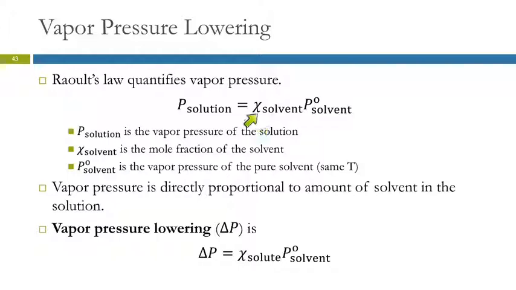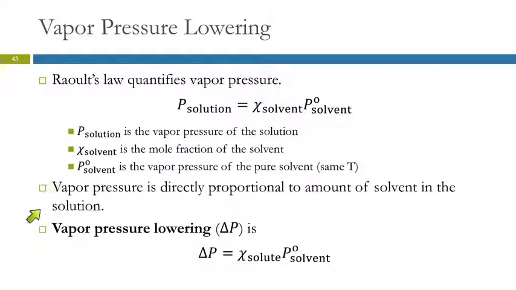This is not moles of solute, this is moles of solvent. Yeah, okay, because that was not going to work out well. It'd be undefined. The moles of solvent divided by the moles of solution in total. Well, if there's no solute, then they're the same, and this number is 1. And then 1 times the vapor pressure of the pure solvent is just the vapor pressure of the pure solvent, and so we end up with the vapor pressure of the pure solvent being equal to the vapor pressure of the pure solvent.